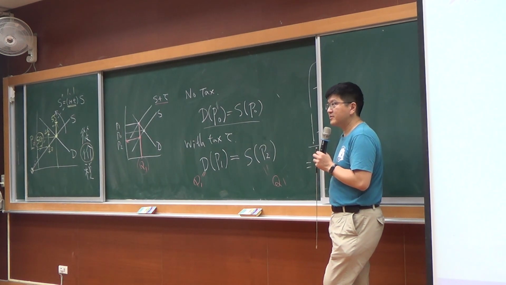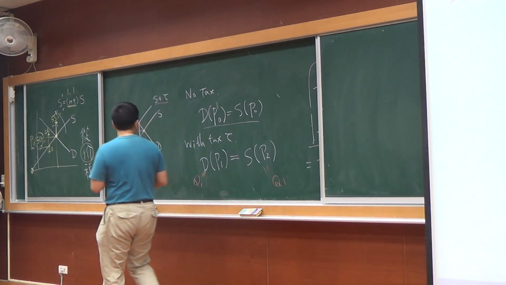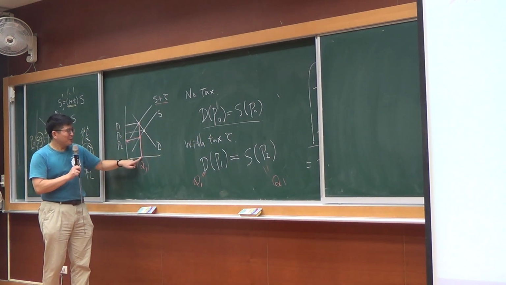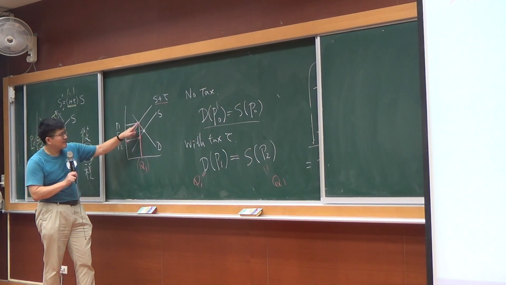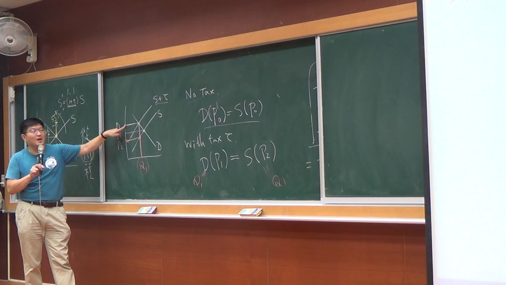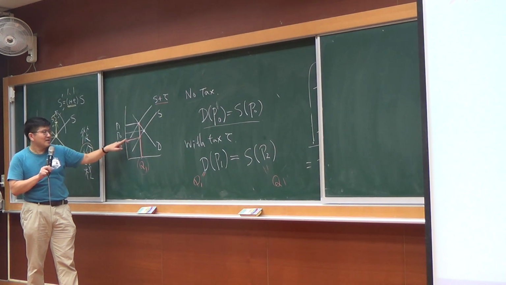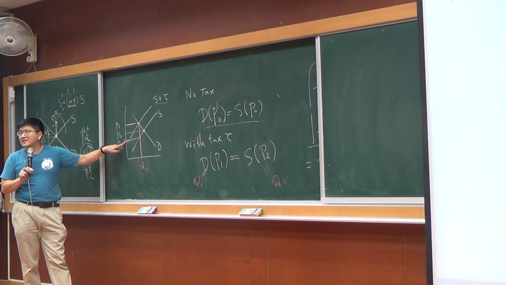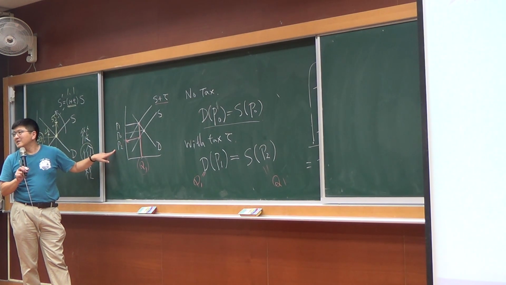Is that clear for you? When Q1 hits the demand curve, the corresponding price would be P1. When Q1 hits the supply curve, it leads to the price P2. Okay?